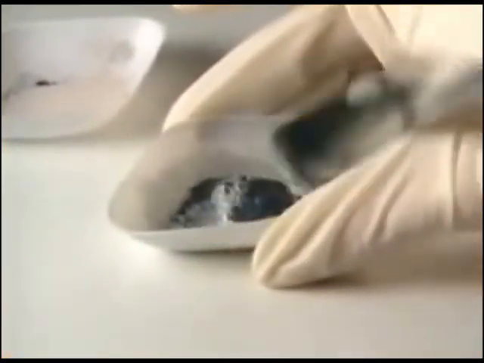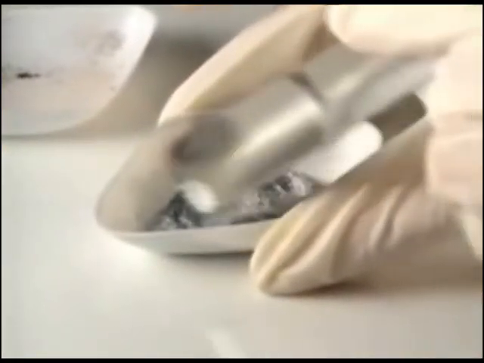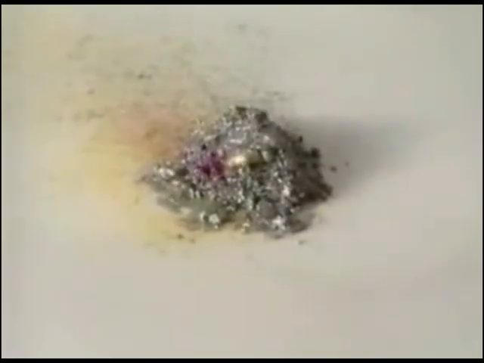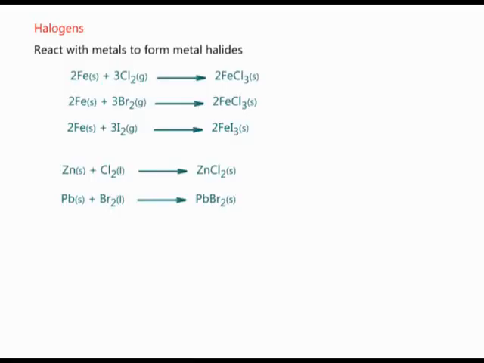Iodine and aluminium powder react once a drop of water has been added. And so halogens react with metals to form metal halides.